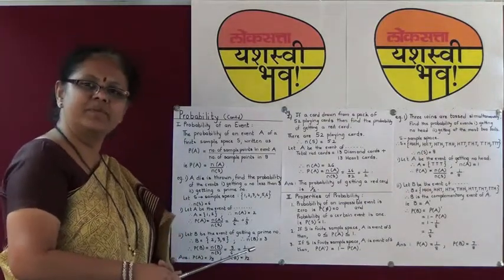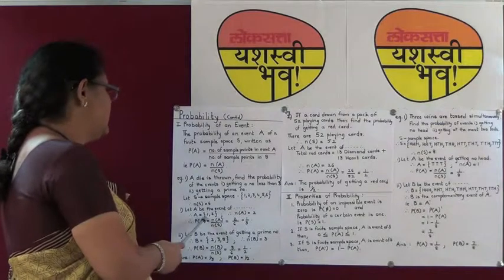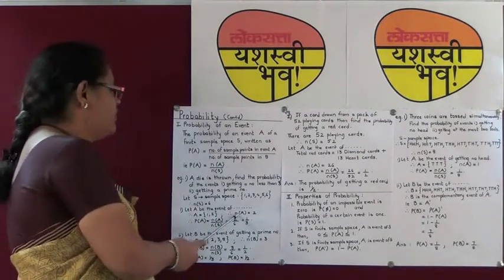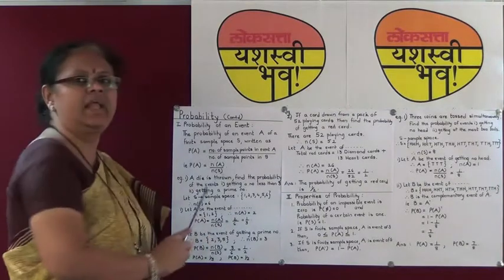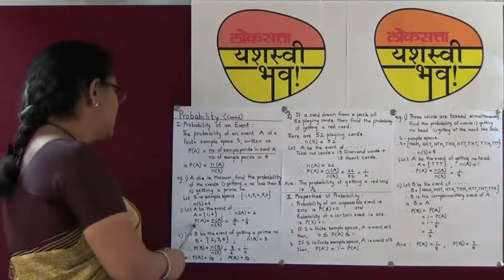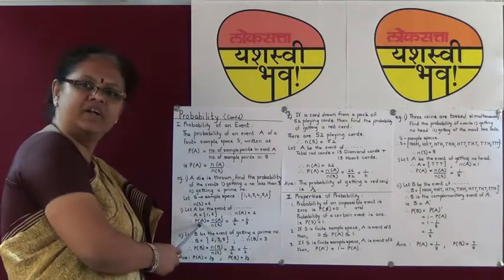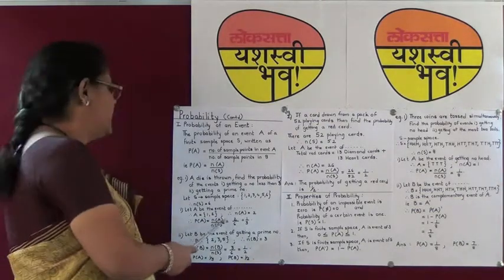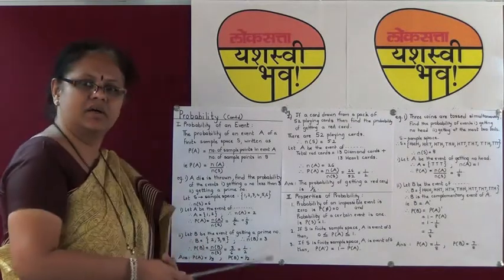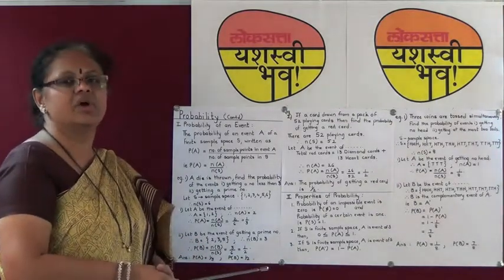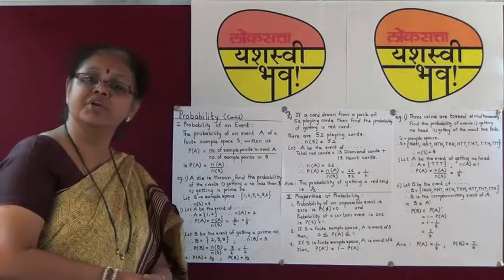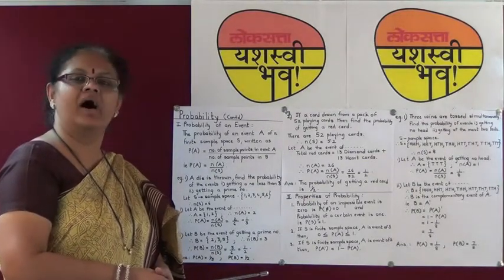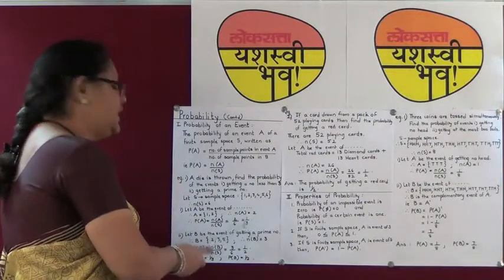So I write the sample points as A is equal to brace brackets 1 and 2. Therefore the number of sample points in event A are 2. And so I get the probability of event A by writing the formula n(A) upon n(S), that is equal to 2 upon 6. Now your duty is to write the probability in the reduced form, and so when we take the tables of 2, I write it as 1 upon 3.